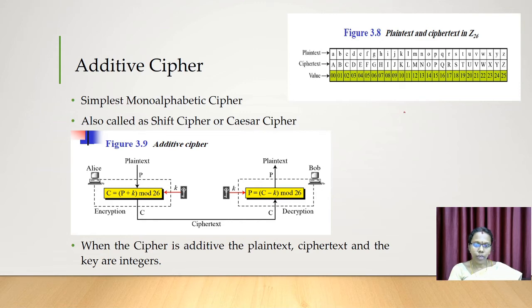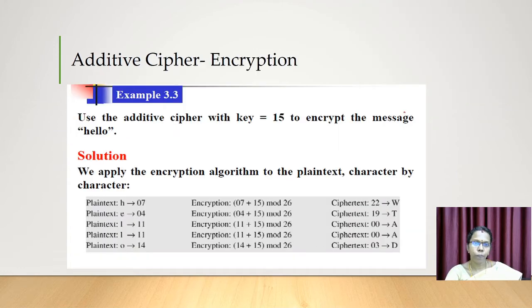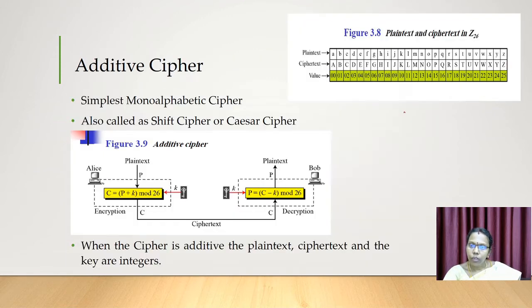When the cipher is additive, the plain text, ciphertext and key values are considered as integers, and we take only the 26 alphabets. Here is the example. Take the same word HELLO. The corresponding plain text characters are numbered as in the table.